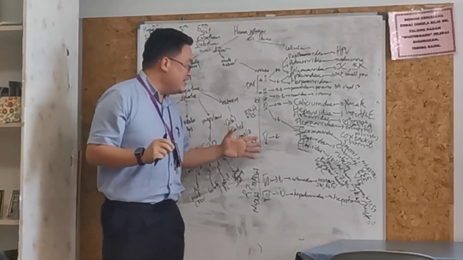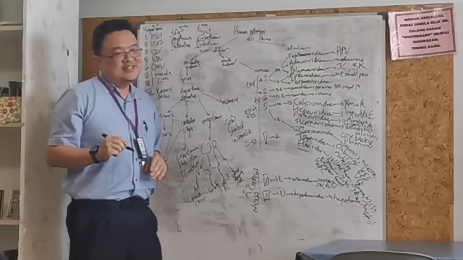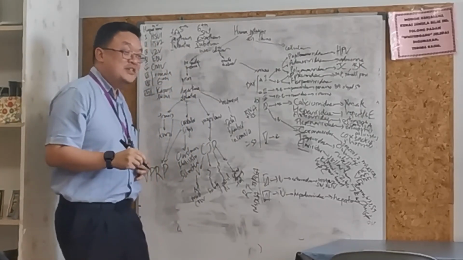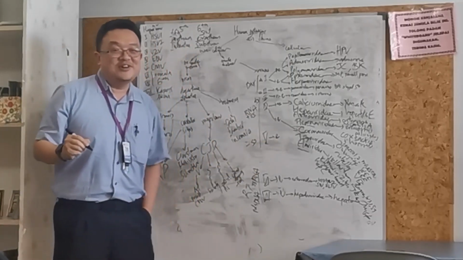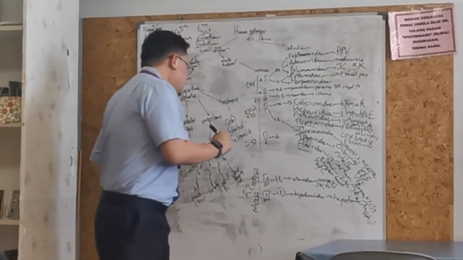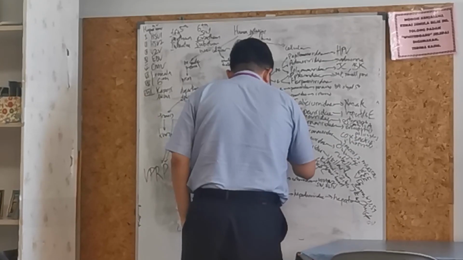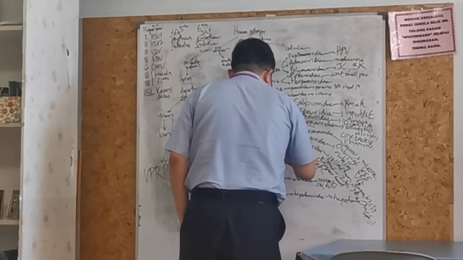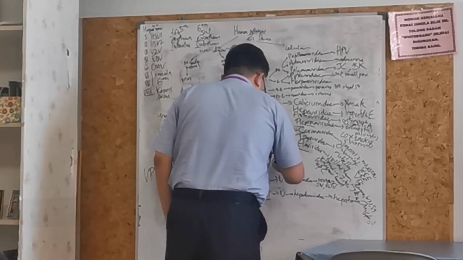Okay, so now we're going to go to class 5. All class 5s are enveloped. So this Owen thinks he's quite smart, but I need to prove that I'm smarter than him. What are the class 5 viruses that you know of? The main families underneath it. Arenaviridae. Okay, Bunyaviridae. Okay, what else? Filoviridae.